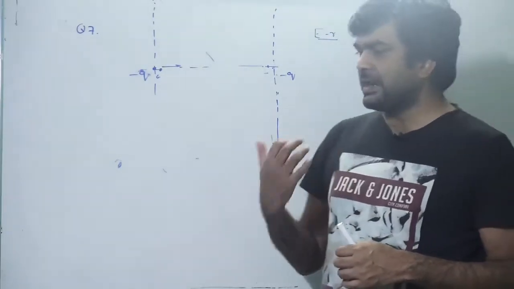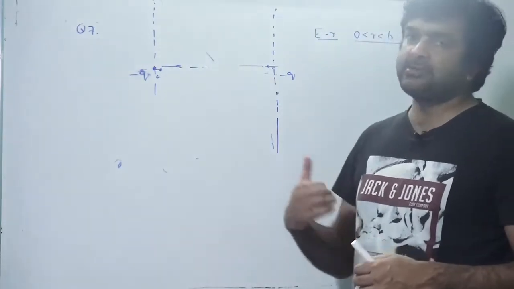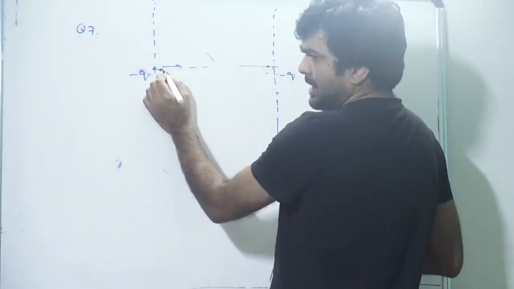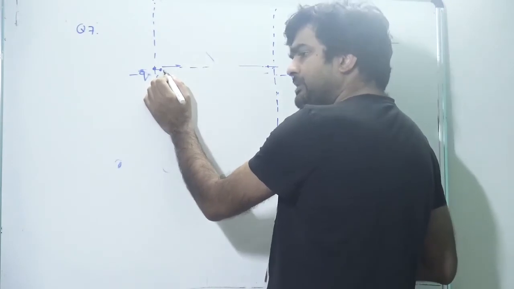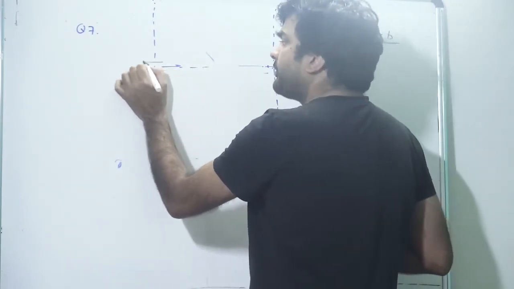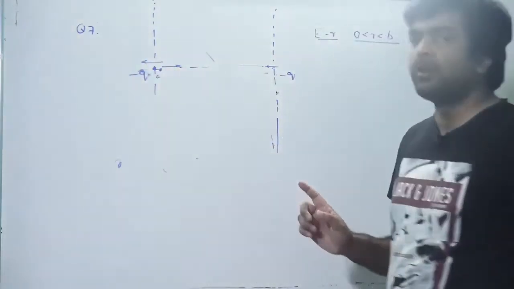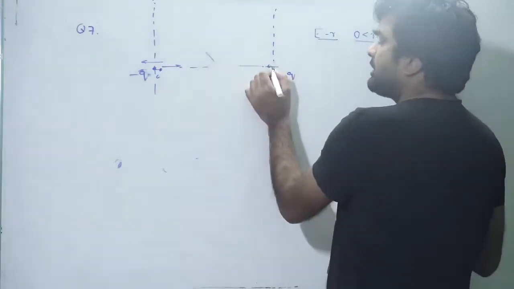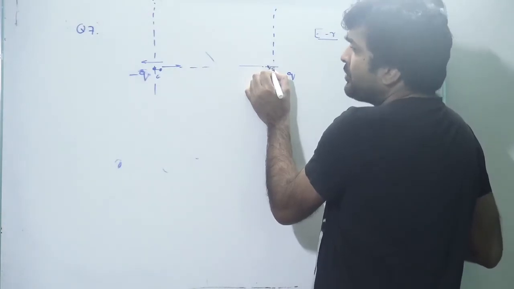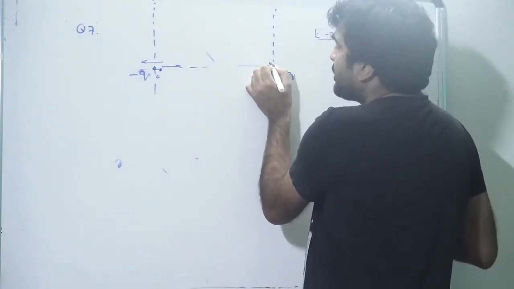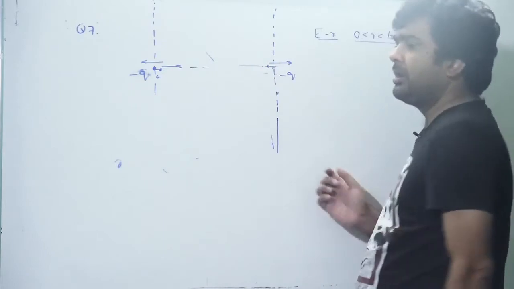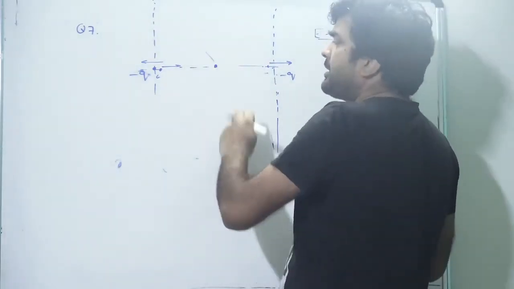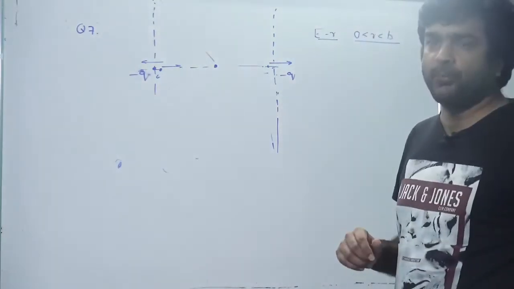If we assign the right direction as positive, just on the right of this negative charge, electric field will be very large in magnitude and it will be towards left. It will be taken as negative. Similarly, on this side, electric field will be very large in magnitude and it will be towards right. So it will be taken as positive, and at the midpoint the electric field will be 0.